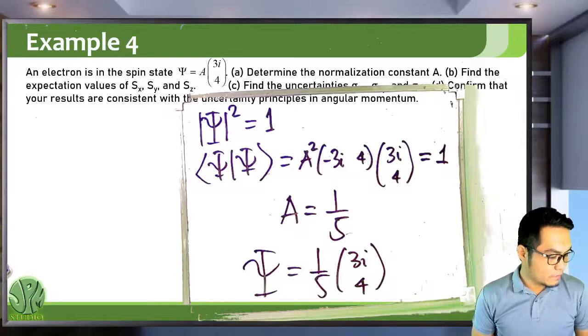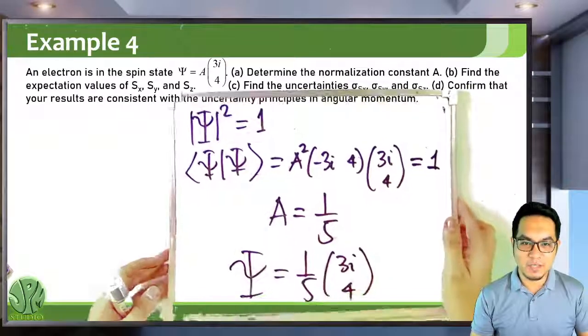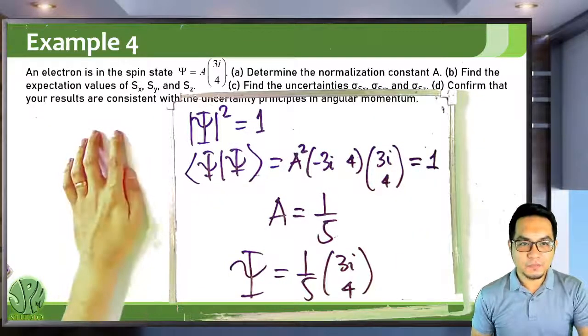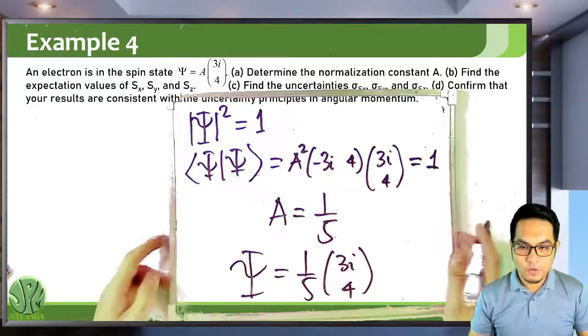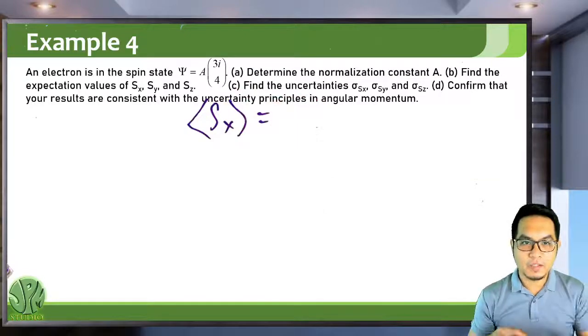Now for letter B, find the expectation values of Sx, Sy, and Sz. I already showed you the process before, so I will no longer repeat it. You just take the inner product to solve for the expectation value of Sx.